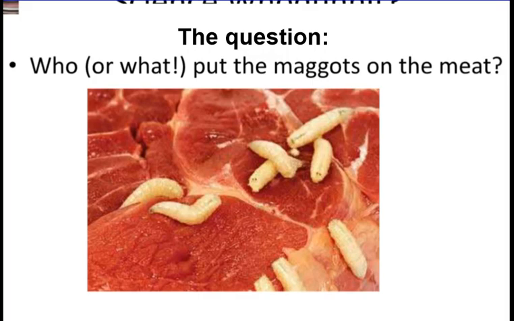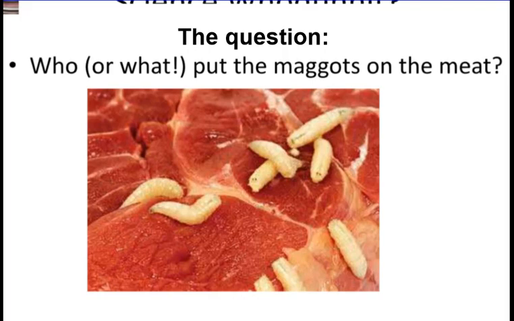For example, if the streets are really dirty and there was a lot of filth and trash, there would also be rats in the street. And so people thought rats generate from trash. Trash produces rats. What was really happening? The rats were attracted to the trash, right? So spontaneous generation is the idea that non-living things can produce life.